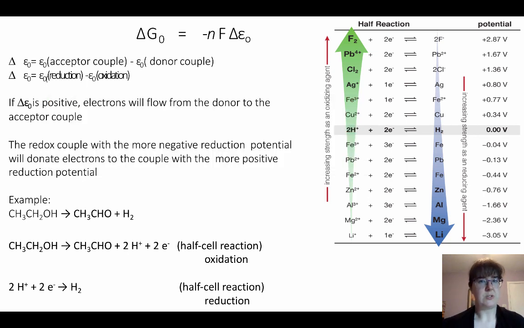There are different ways to do this. I usually do this differently in Gen Chem 2, but we're not in Gen Chem 2, we're in Biochemistry 1, so we're going to go with this formula. If that change in the reduction potential is positive, electrons are then going to flow from the donor to the acceptor. This is going to correlate with a negative standard Gibbs free energy, or something that will go in the forward direction.